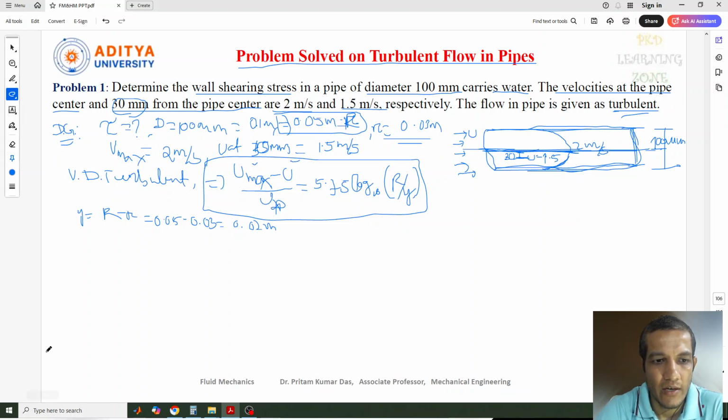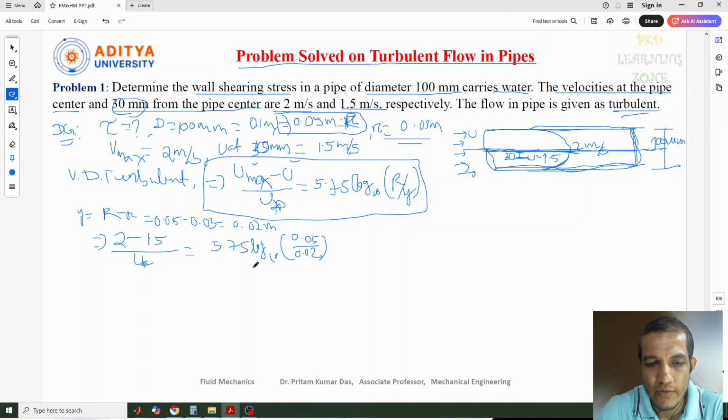So all these values are identified here, and you can find out the u star value. Just put in all the values we got. U max is 2 meter per second, and the velocity is 1.5 meter per second, and u star needs to be calculated from here, with 5.75 log 10 of R divided by y, where R is 0.05 and the y distance is 0.02.